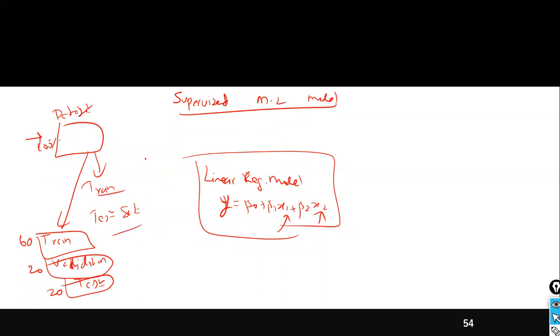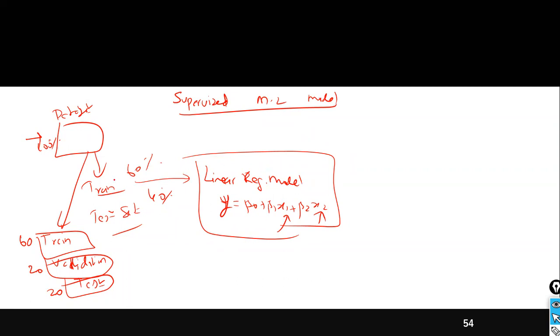In some cases it is 60-40, train set is 60-40. Now the question is, why should I split the given data into train and test sets? The reason is we use the training data set to train our model.